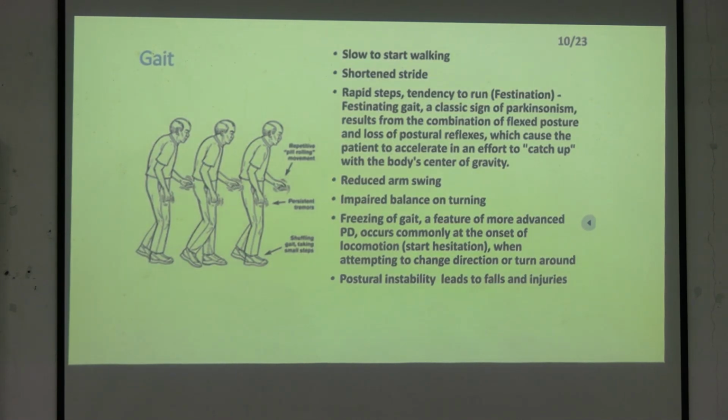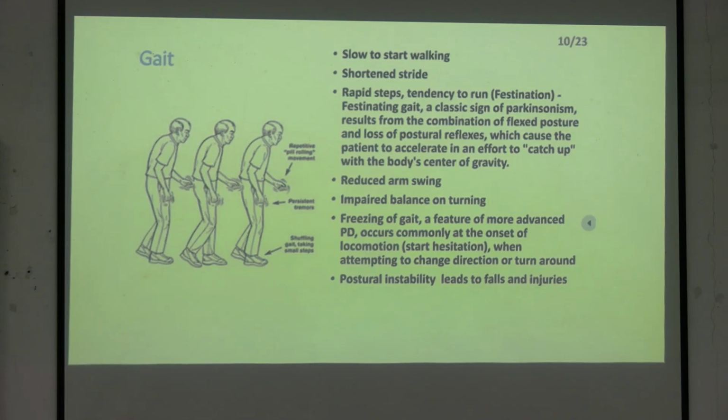Now you should examine the gait. What is the gait? It is a slow start to walking. Walking starts very slowly, with shortened stride, very small steps, and is also called Festinant gait. It is very important to remember the term Festinant gait. There are different types of gait I described in your last class.